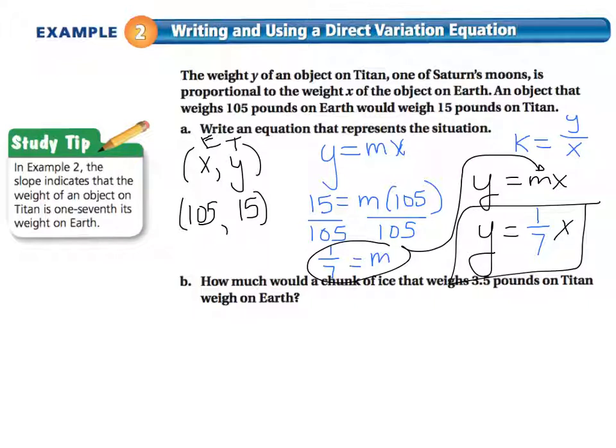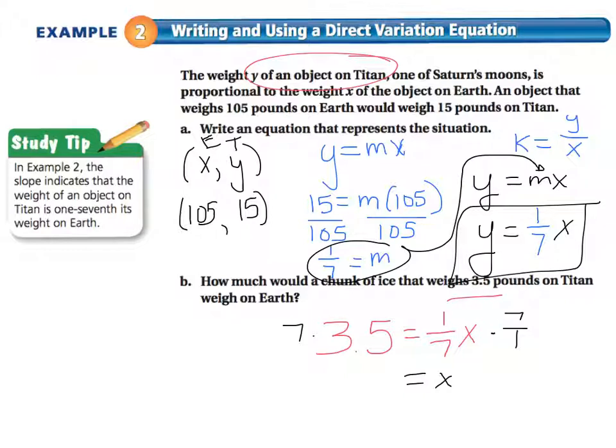Now it says, how much would a chunk of ice that weighs 3.5 pounds on Titan weigh on Earth? Well, we know Titan is y. So 3.5 has to be y. So we plug it into our equation. The opposite of multiplying by 1/7 is dividing by 1/7 or multiplying by the reciprocal, which is just 7.